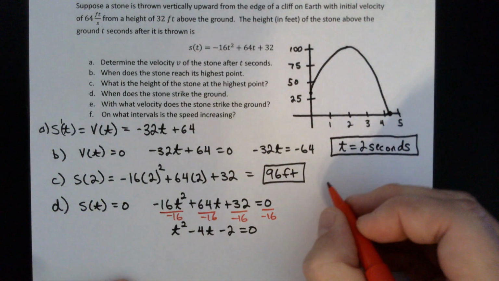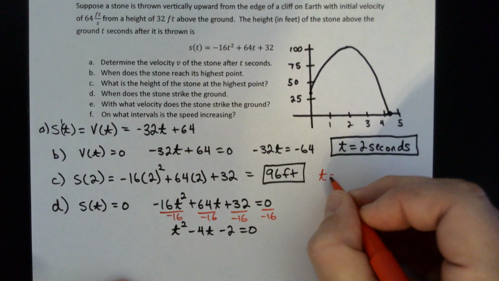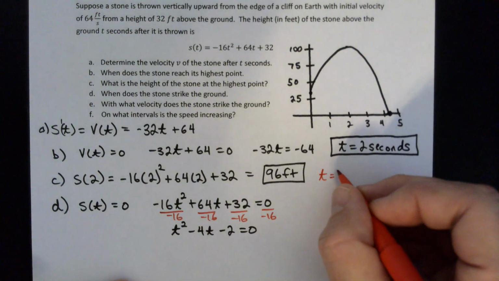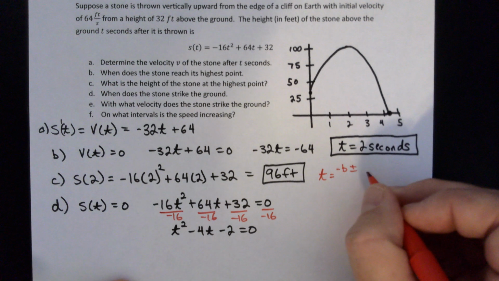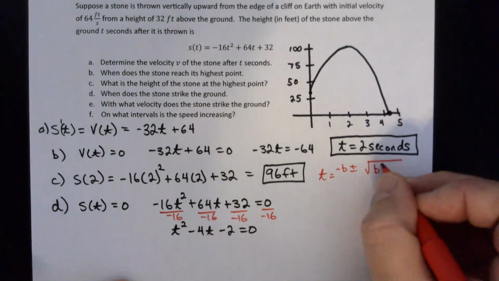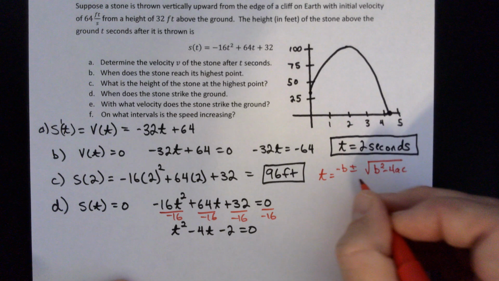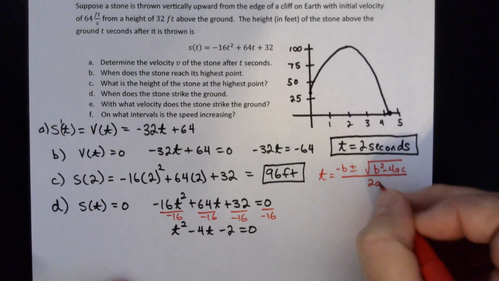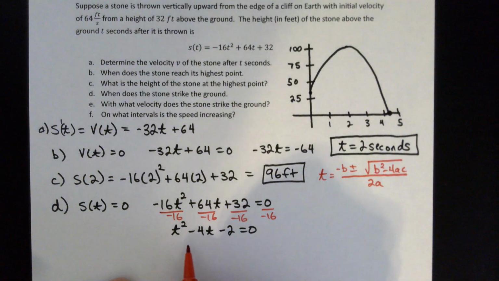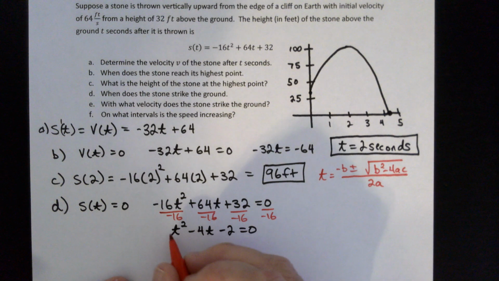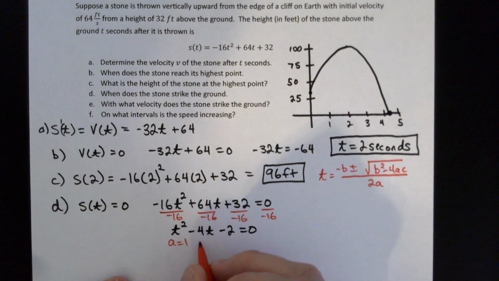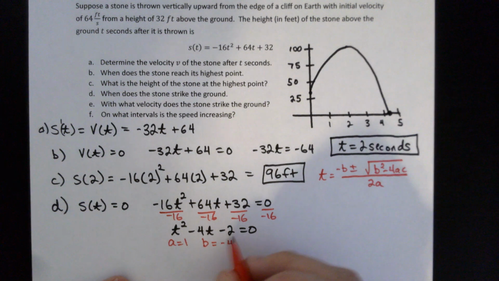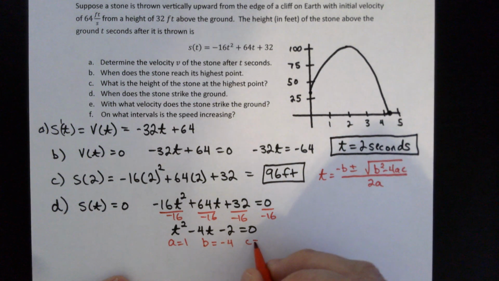So we're going to need the quadratic formula, which I'll write here. t is equal to negative b plus or minus the square root of b squared minus 4ac all over 2a. Okay, and our a on this one is the number in front here, which is a 1. b is the number in front of t, which is a negative 4. And then c is this last number, negative 2.